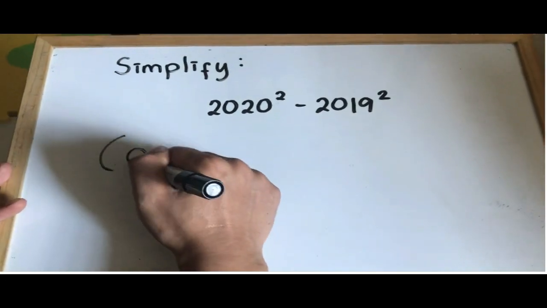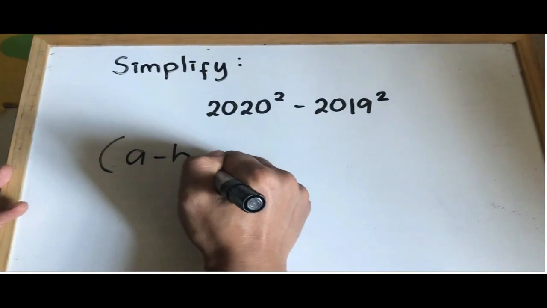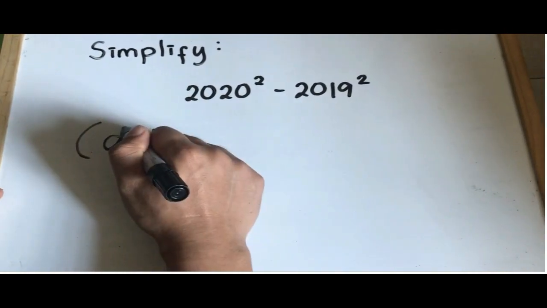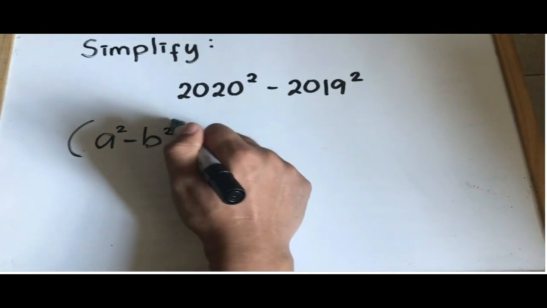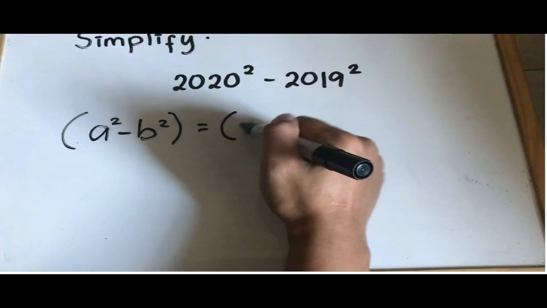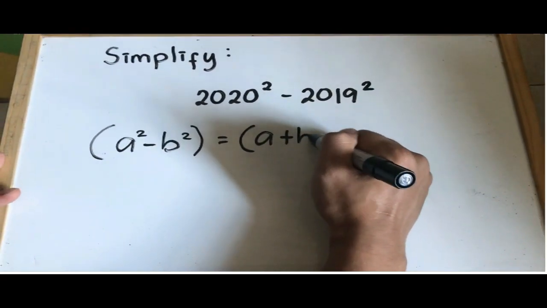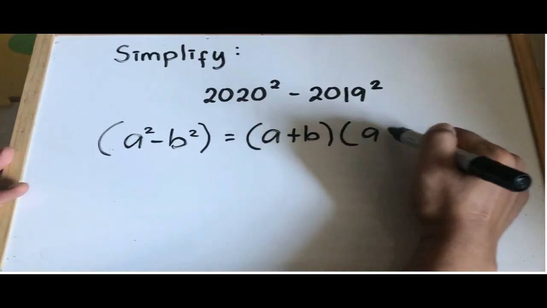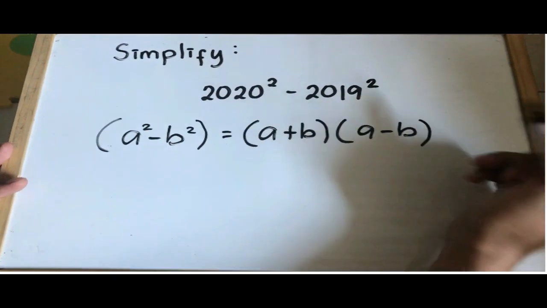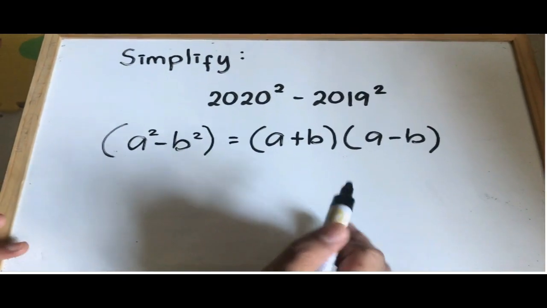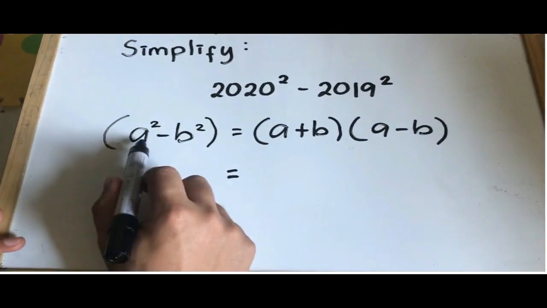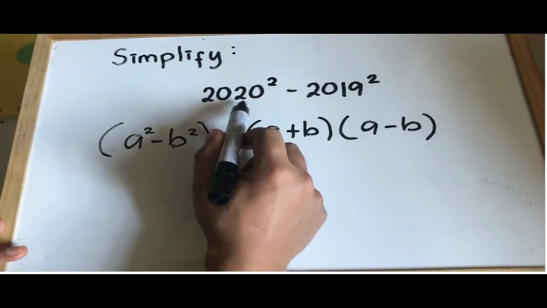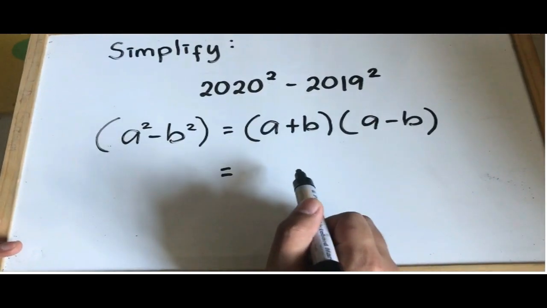We have a squared minus b squared, that is equivalent to (a plus b) times (a minus b). Our a is 2020 and b is 2019.